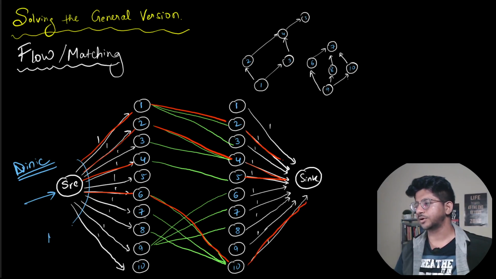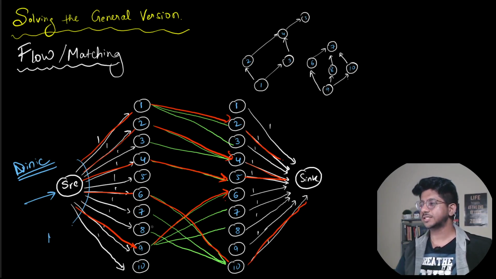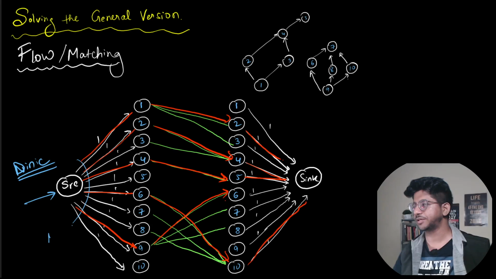Then you cannot go into 7 and 8 because 10 is already blocked here. Then you can go to 9, and to 6 itself in this case. And from 4 to 5 was also going a flow. So you can see that we got a flow of 5.